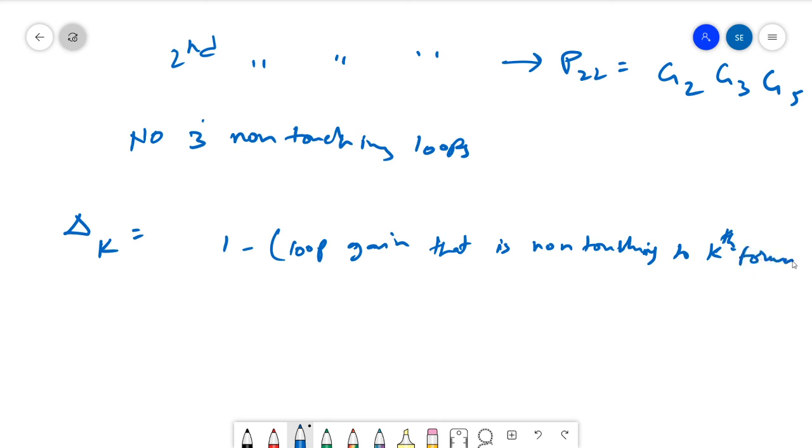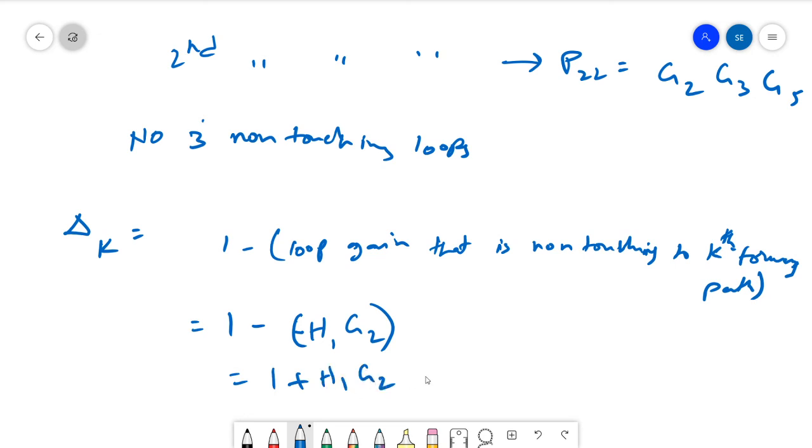Del K is equal to 1 minus, what is that? I think two forward paths are there. First forward path, all the loops are touching. Second forward path, the loop gain which is not touching is H1 G2. So 1 plus H1 G2.